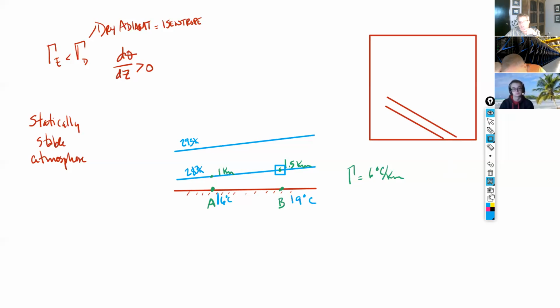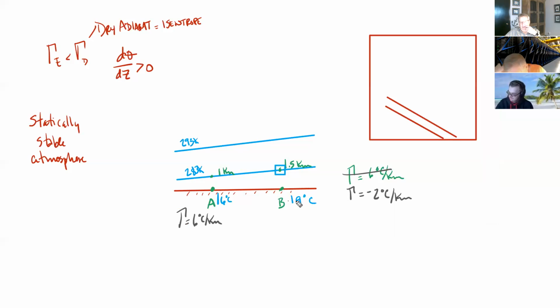So let's think about this again. Let's go to a different example. Let's imagine the lapse rate over here is 6 degrees Celsius per kilometer, and the lapse rate over on this side is -2 degrees Celsius per kilometer.